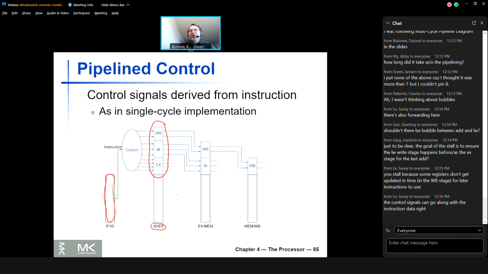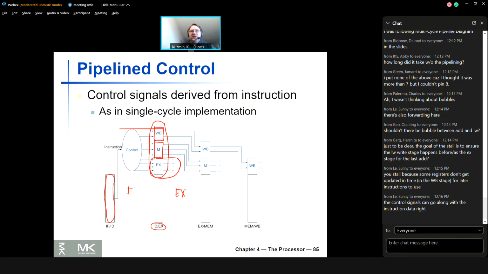For the EX stage, we need all three groups of control signals. Well, for the EX itself, we only need this, right? But we have to store the M signals, the control signals for the memory stage, and for the write back stage as well, because they're going to be needed later on for stages that come after execution.